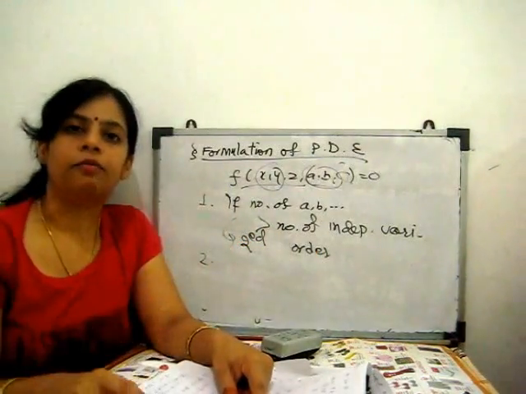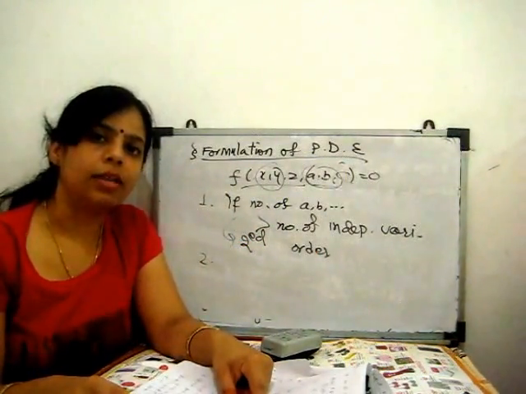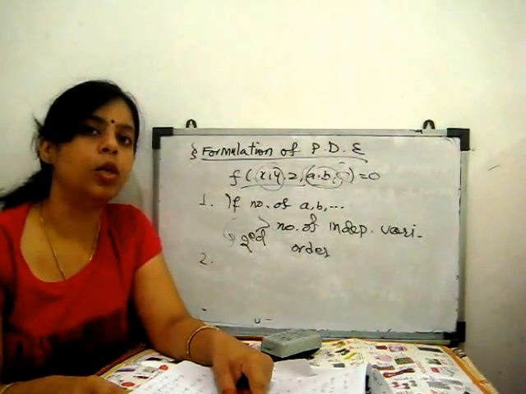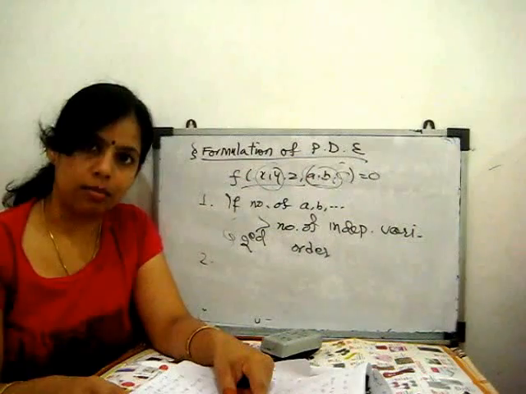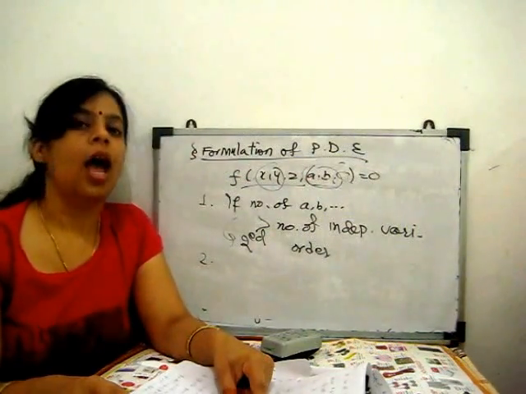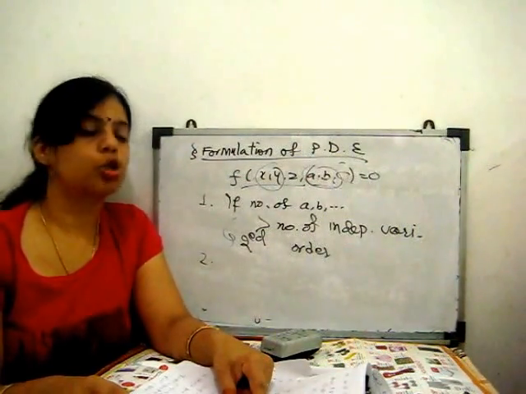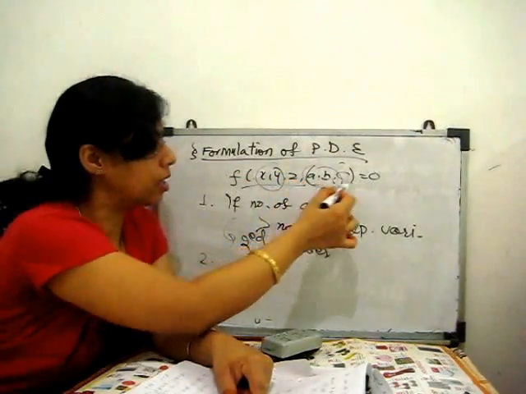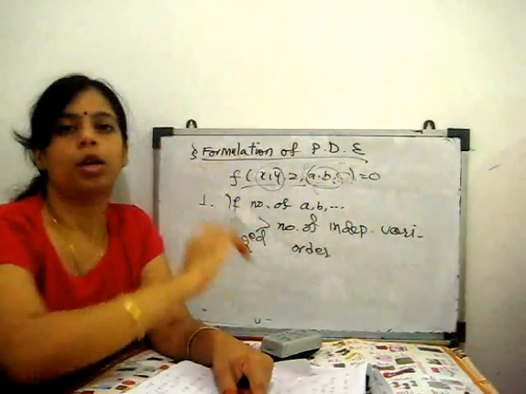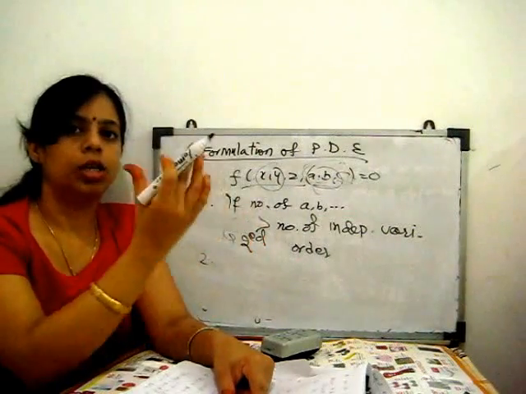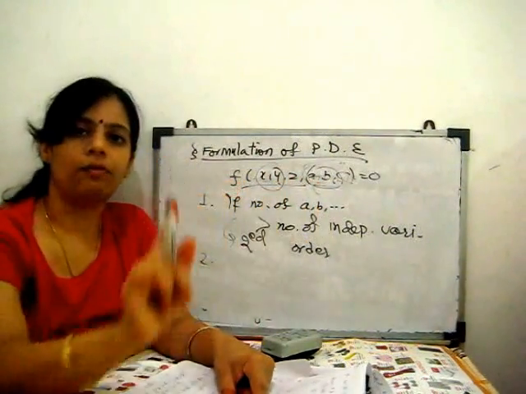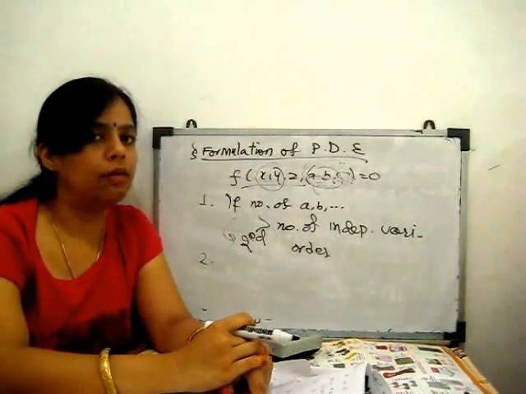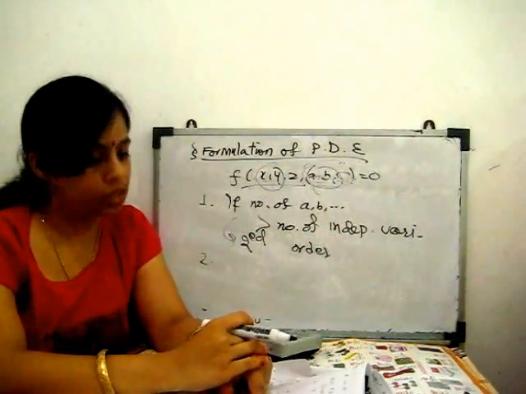It will be found with the help of second order partial derivatives. It means we have to find P, Q, R, S, T. P is del z by del x, Q is del z by del y, R is del 2 z by del x square. We have to go for the second order derivative, and after that we remove these arbitrary constants. So if the arbitrary constants and independent variables are 2 and 2, then first order. If this is 2 but that is more than 2, like 3, 4, 5, then we go for the second order.